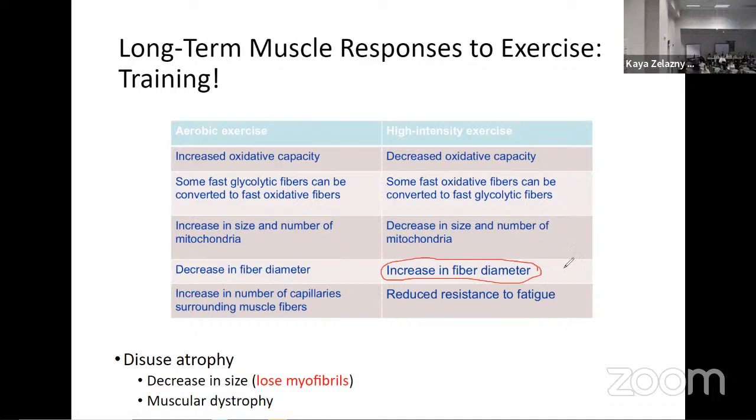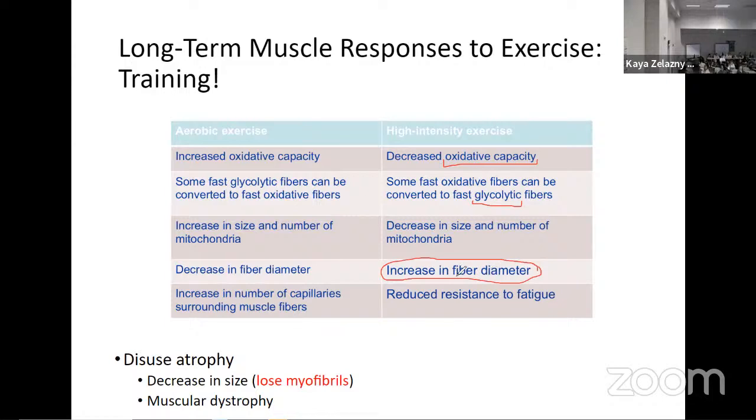So what we are doing is switching over to doing lots of glycolysis, because glycolysis doesn't need oxygen. So some of those fast oxidative fibers are turning into fast glycolytic fibers. So they're switching their form of metabolism. Which means we're decreasing our oxidative capacity because we're not getting to oxidative phosphorylation, because this whole process is making it harder for our cells to get oxygen.